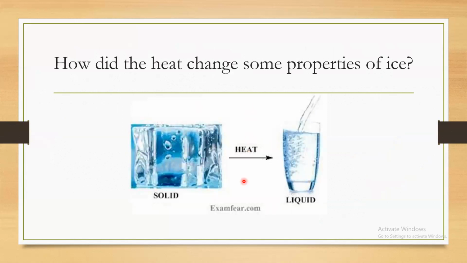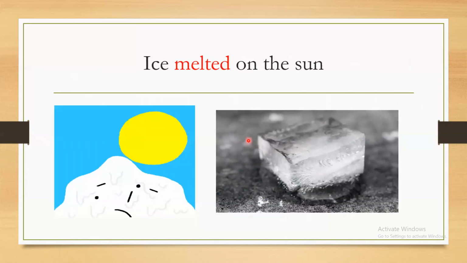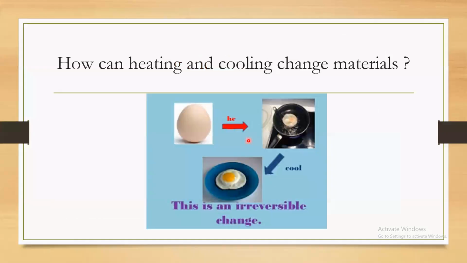Another example is solid and liquid. A solid changes by heating, so it will change to liquid water. The solid ice changed to liquid water. That means heating changed the matter from solid to liquid. Also, the ice melted in the sun, okay?